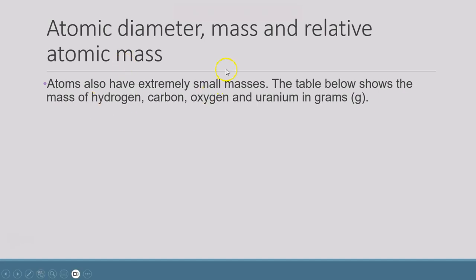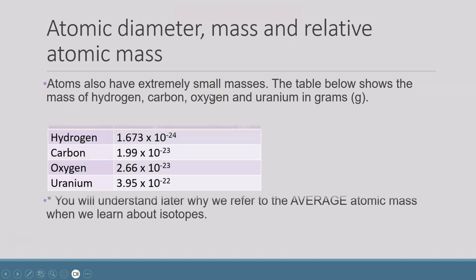Atoms also have very small masses. So if we look at 4 elements here, hydrogen, which is the lightest element, carbon, oxygen, and uranium, which is the heaviest natural element, well, we can see the masses here that are measured in grams are really tiny values, times 10 to the minus 24 for the lightest atom, and times 10 to the minus 22 grams for the heaviest atom.